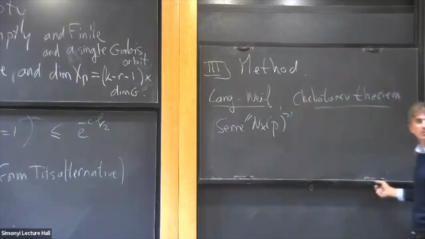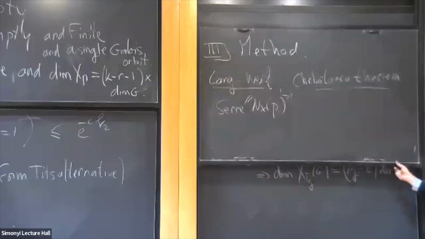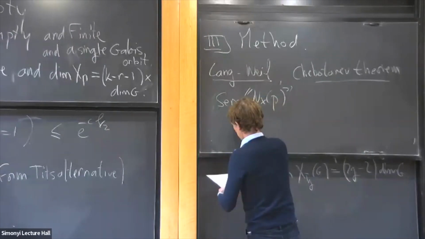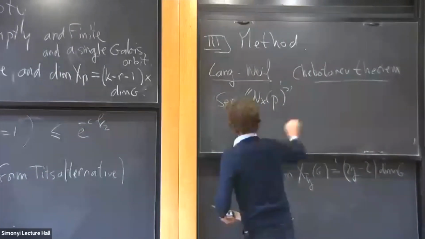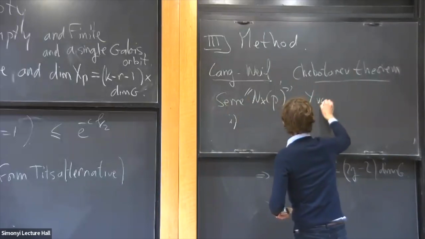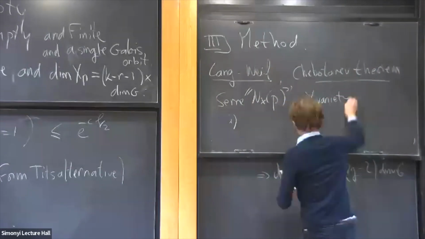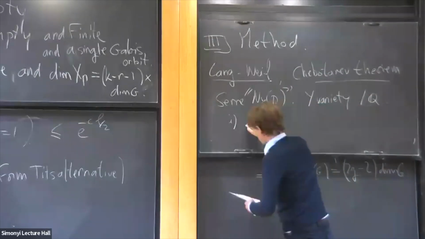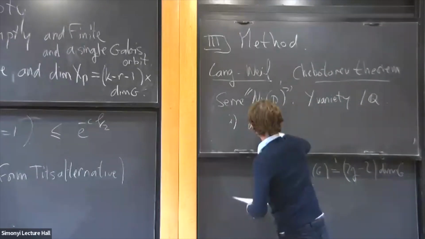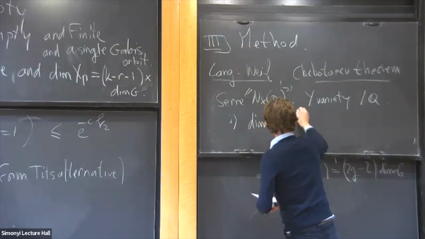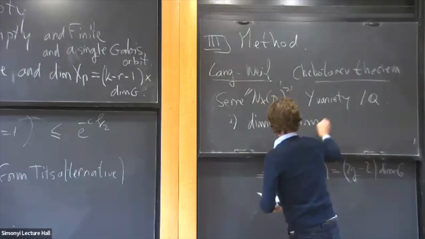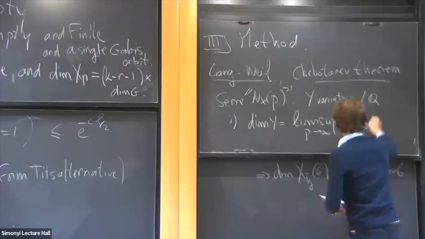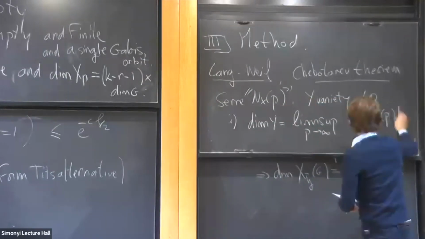N_X(p) is the number of points on the variety over F_p. In particular, you have these two facts. The first is, if you have a variety Y over Q, then you can tell its dimension by looking at the lim sup of the number of points over F_p.